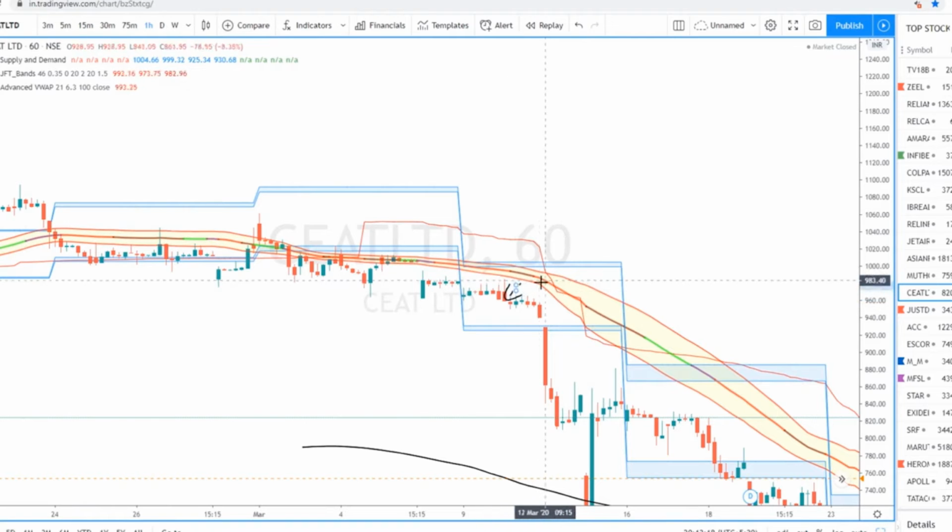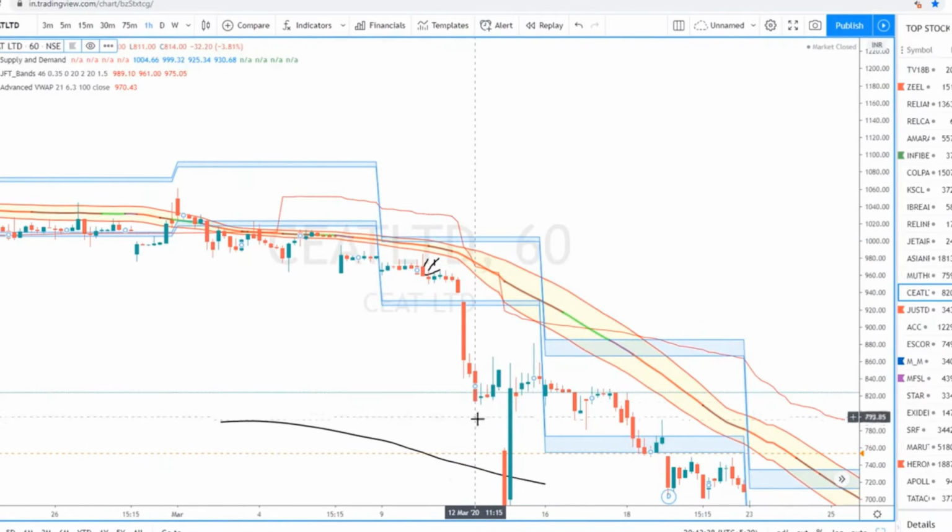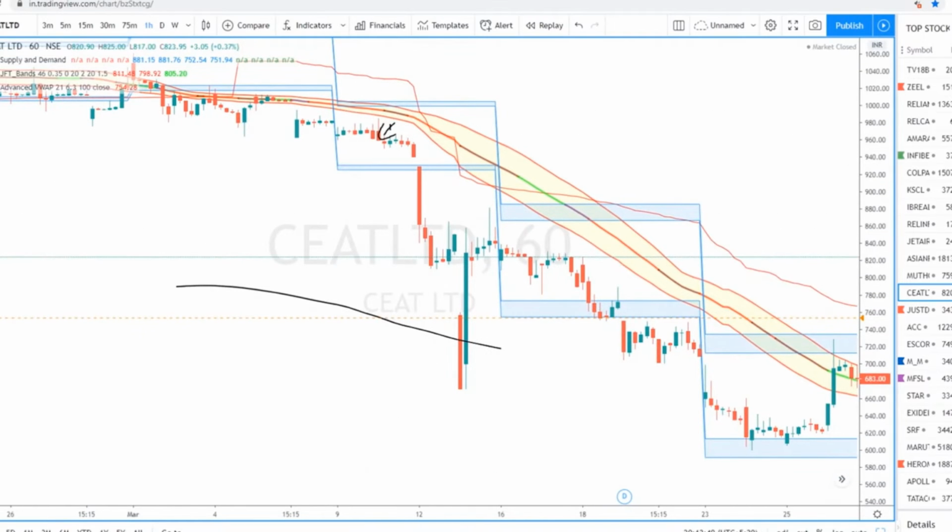Based on the candlesticks, I will enter here and put my stop loss on top of both the weekly zone and the JFT bands, which makes sense, right? Both are in confluence, and it is not possible for it to cross these two zones. So this is where I enter.